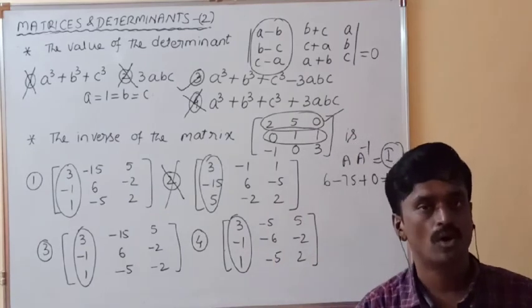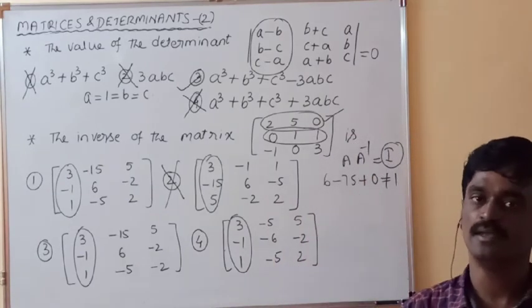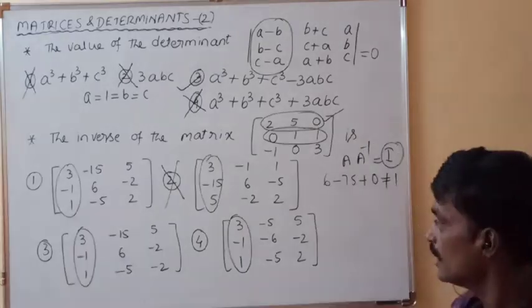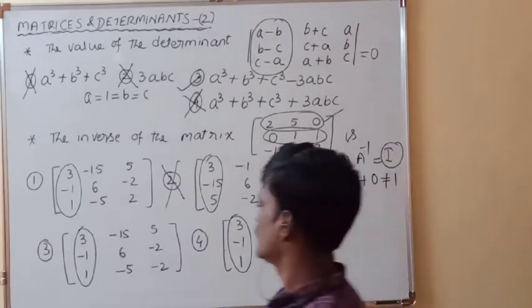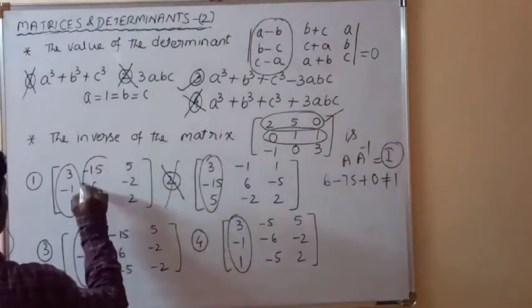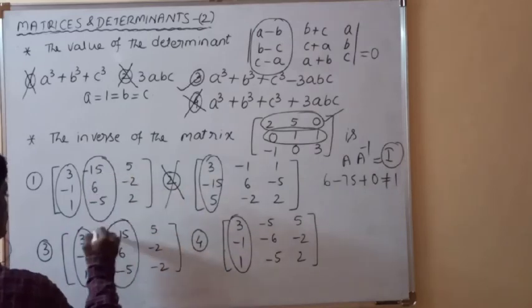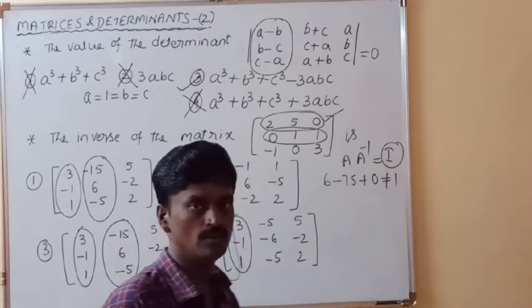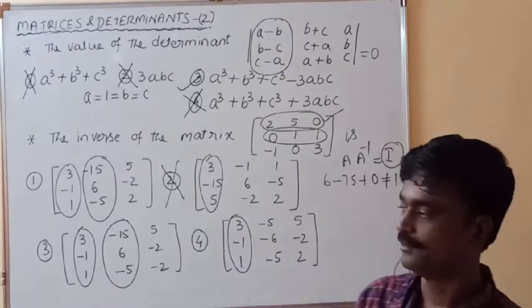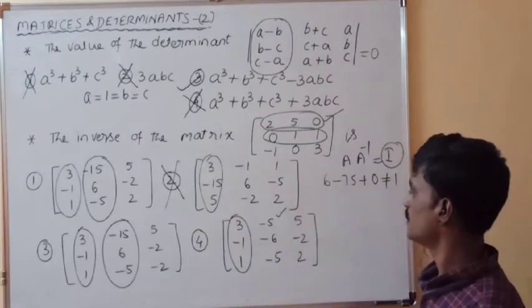The second row, second column element of the identity matrix. Again it is equal to 1. But again if you observe, in the first option and third option, what we have? The second column is the same. Then first you check for the fourth option.